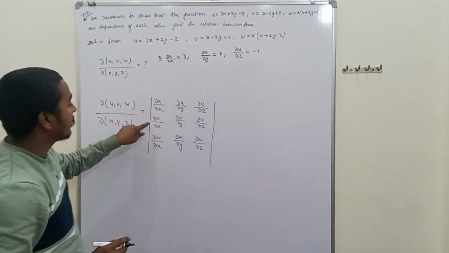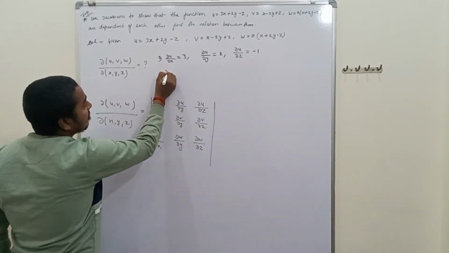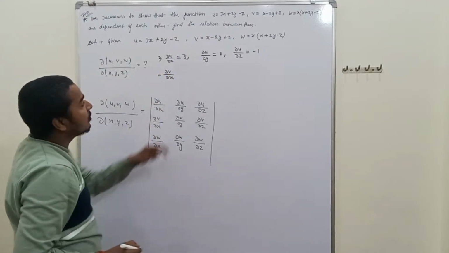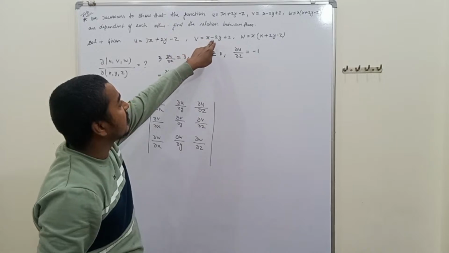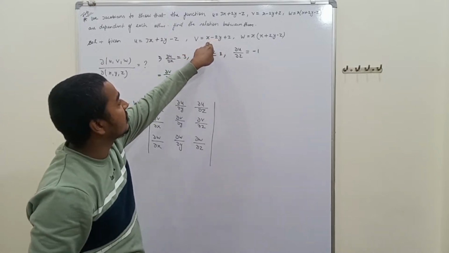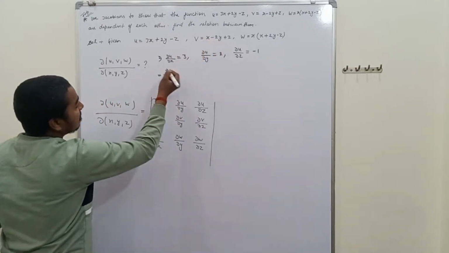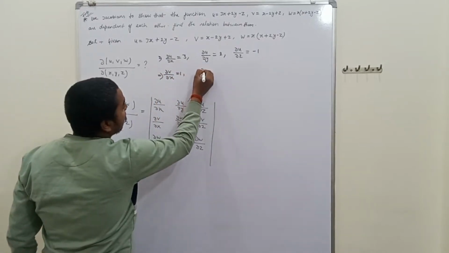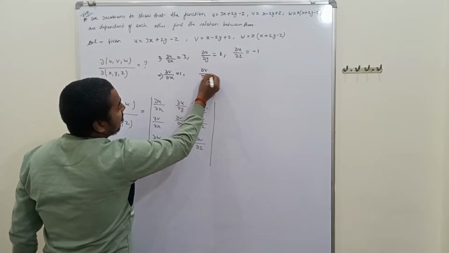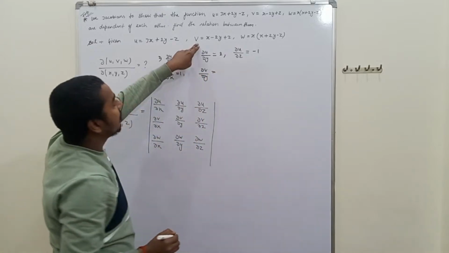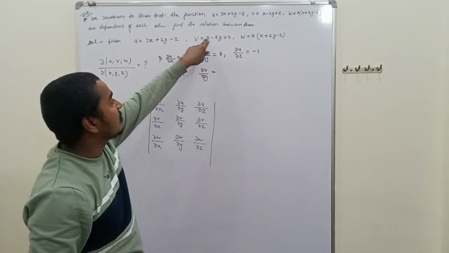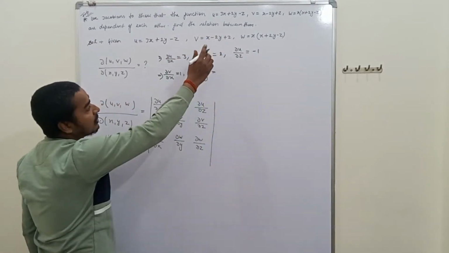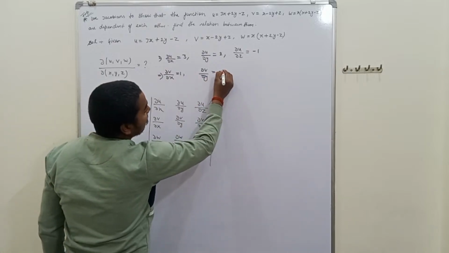Further we have to find del v upon del x. The value of v partially differentiating with respect to x, here the x differentiating partially with respect to x, that is 1. And del v upon del y: v partially differentiating with respect to y, here minus 2y, that is minus 2.